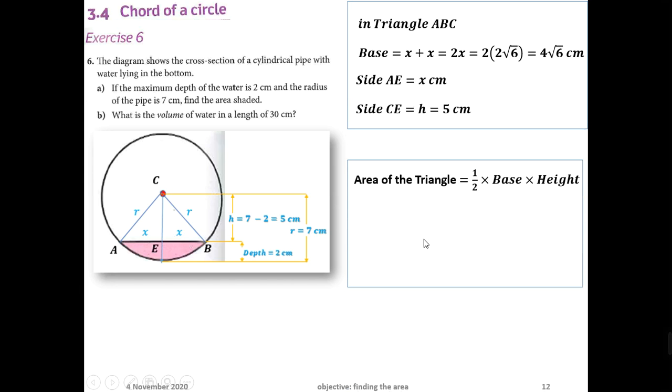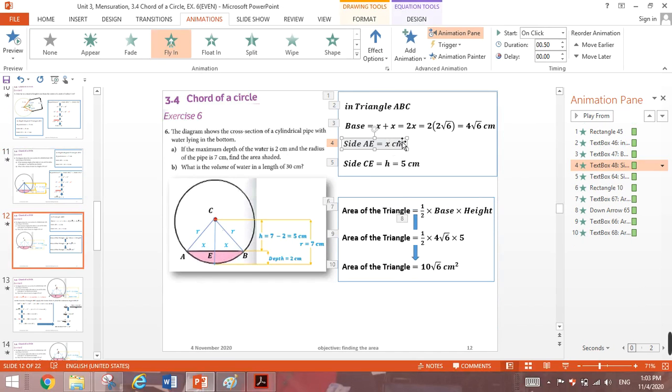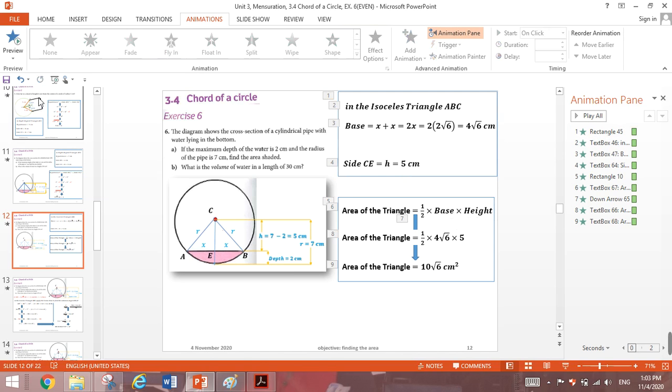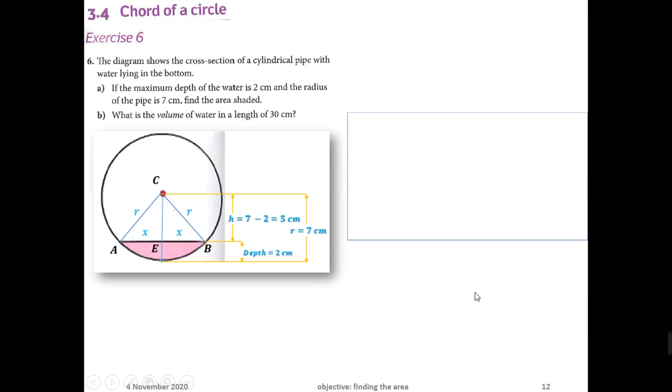Accordingly, sorry, I just want to correct one thing. We don't need this one, and here I want to say, in the isosceles triangle ABC, and let's get back to the presentation.